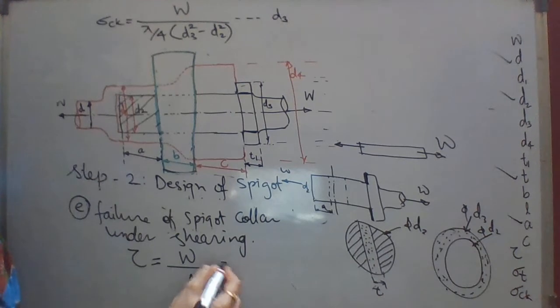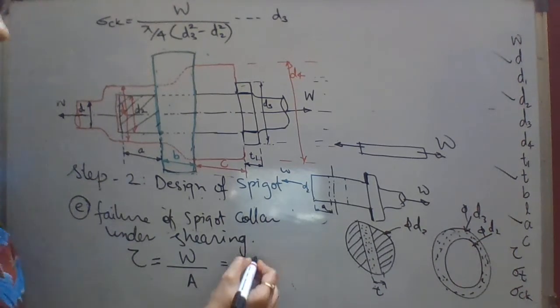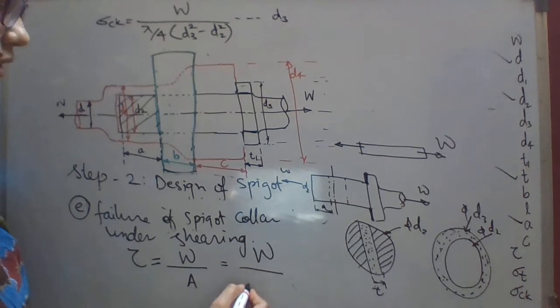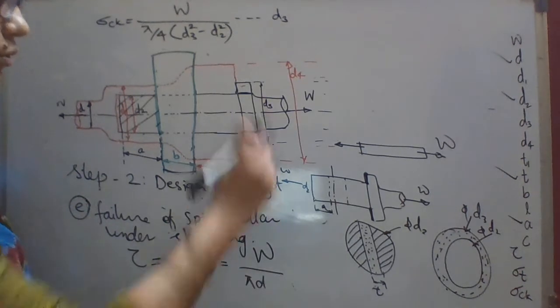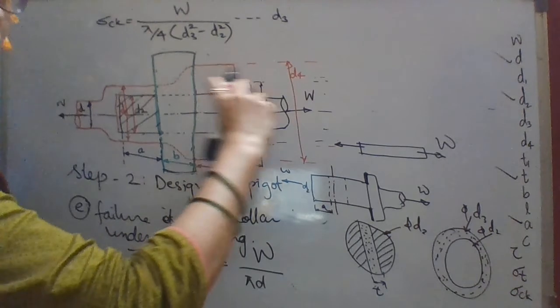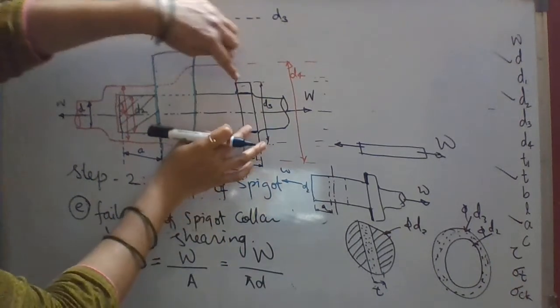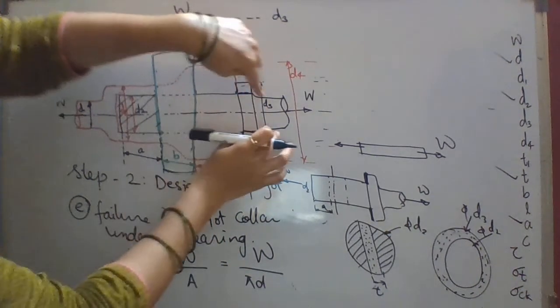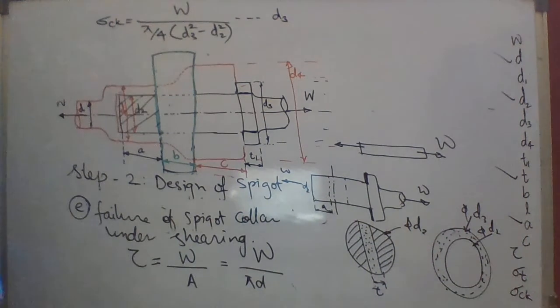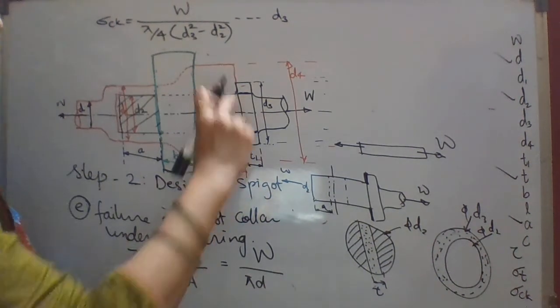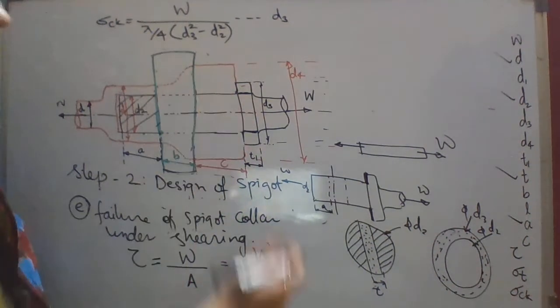So that is the area of the ring. We'll write W upon that area, which will be pi into d2, the ring which may shear out. This inner diameter is d2.